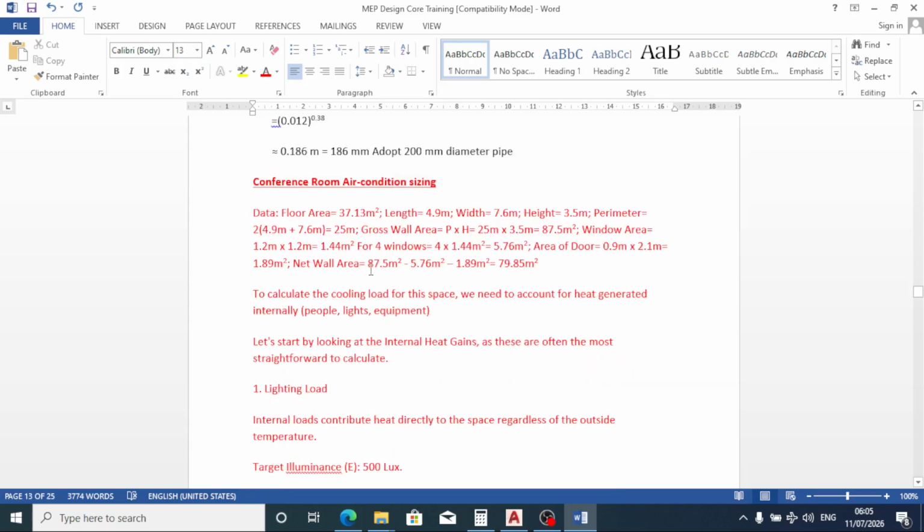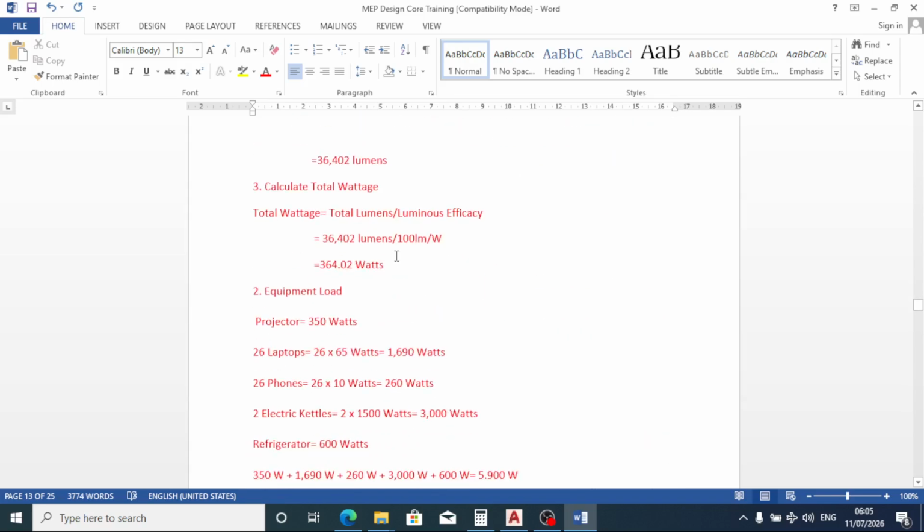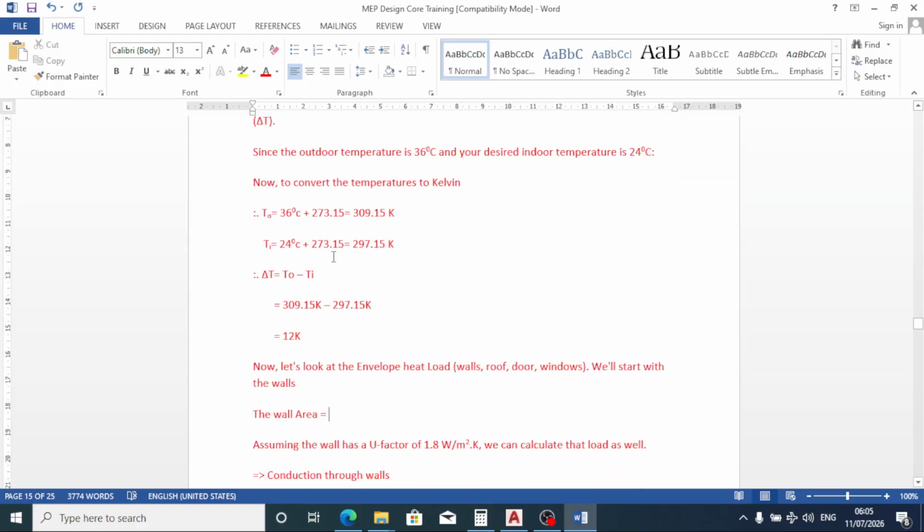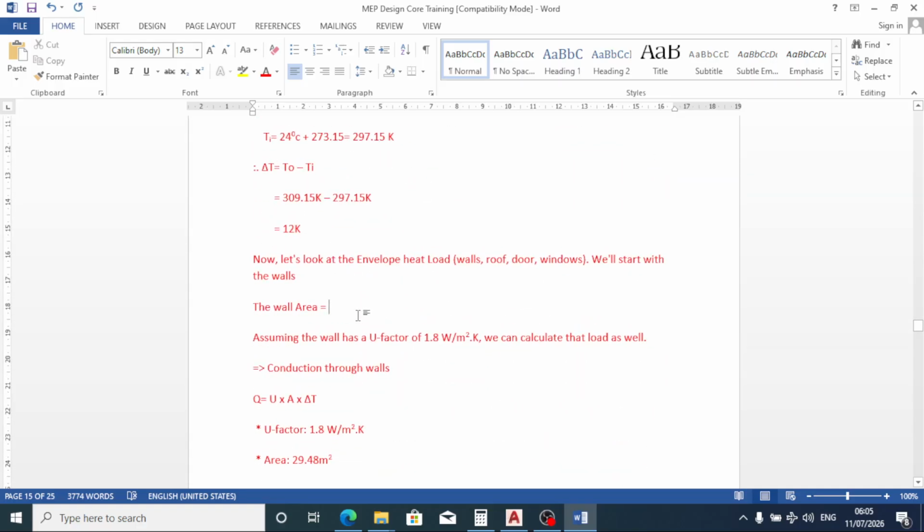Net wall area, 87.5 meters squared. Alright, so now wall U factor.